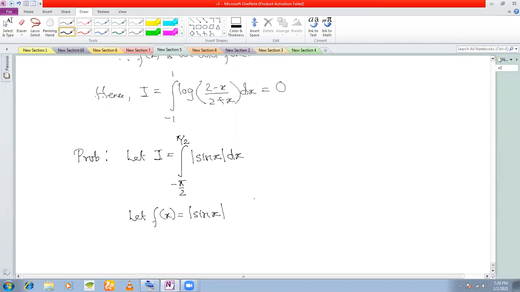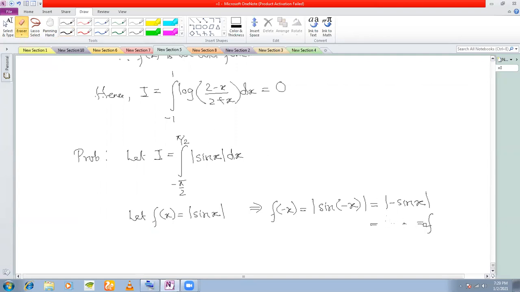What is f(minus x)? Be a little careful, do it step by step: mod of sine of minus x. And sine of minus x, you know, is minus sin x. And mod of minus sin x, mod of a negative number, will be simply sin x.